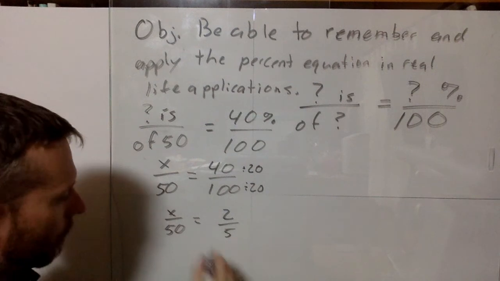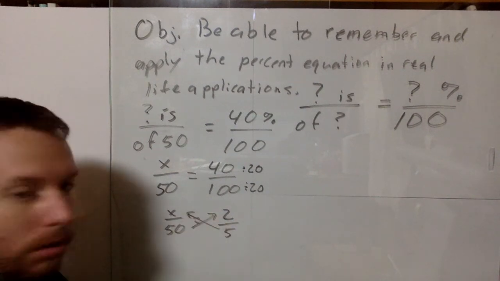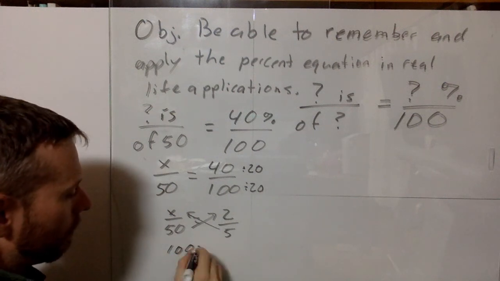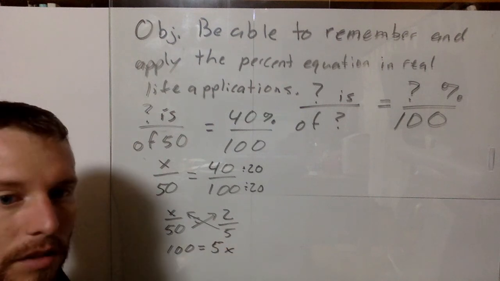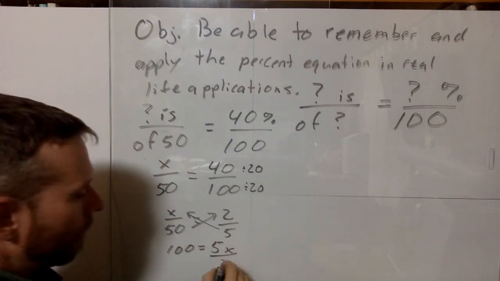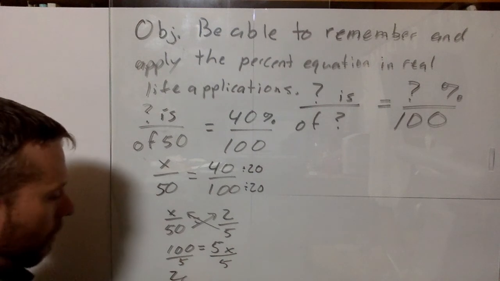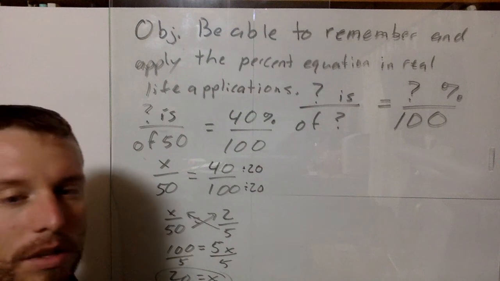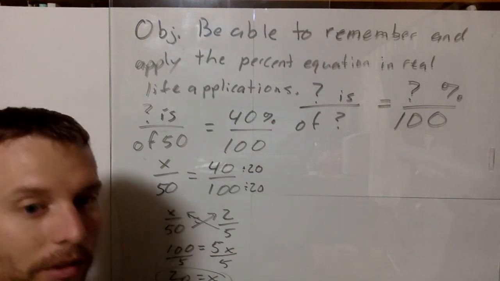Now we can do cross products. 50 times 2 is 100, set equal to x times 5, which is 5x. If we divide both sides by 5, we get 20 equals x. So 20 is 40% of 50, and I'm supposedly saving $20 on the item.